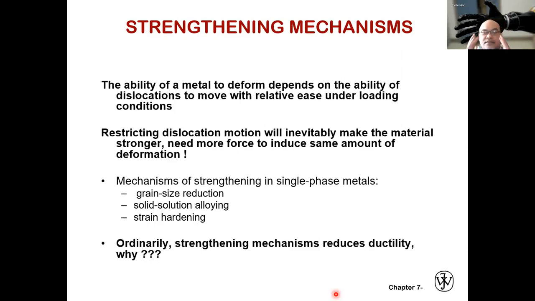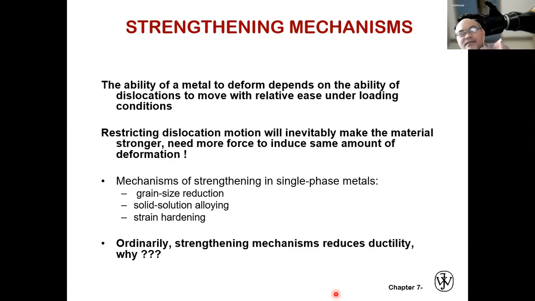If it is a single crystal, then the dislocation will move along the slip plane, which will depend on the crystalline structure. Restricting the dislocation motion will inevitably make the material stronger. So you will need more force to induce the same amount of deformation.